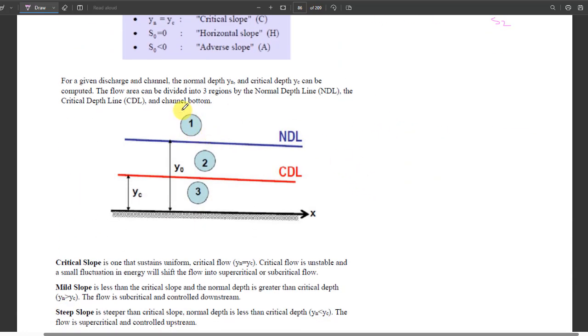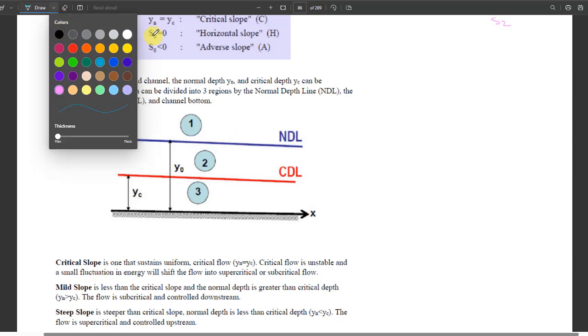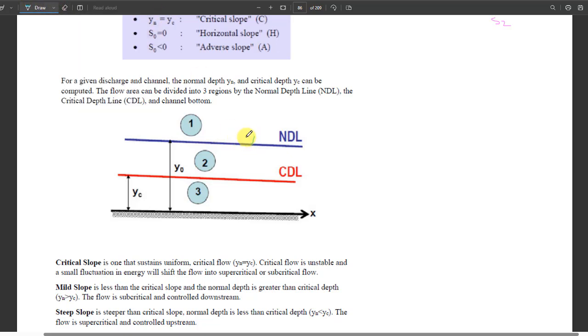Firstly, we should remember that we have a normal water profile in the longitudinal view of the water, which is this one. So this represents yn, while the other one, the red one, represents the critical depth.